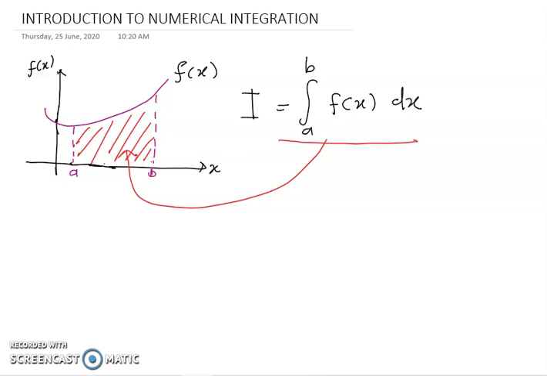When trying to evaluate definite integrals analytically, sometimes it is very difficult or even impossible to determine a function's antiderivative. When analytical methods fail, we can use a numerical approach to approximate a definite integral. Under this course, we will only consider two methods to approximate definite integrals: the trapezoidal rule and also Simpson's rule.